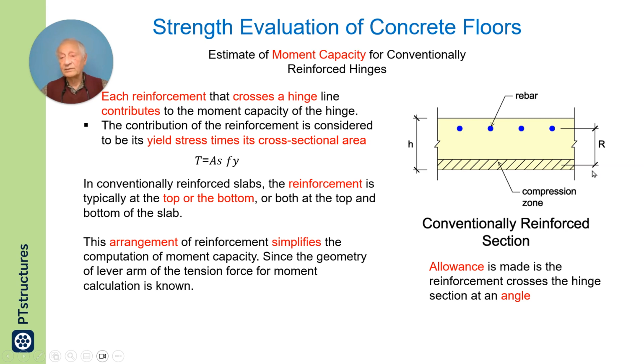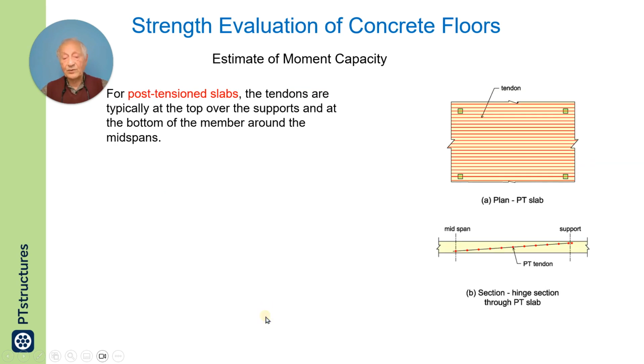This is the arm of the moment. So the moment is area of the reinforcement times the yield stress, which gives the force, times the arm. There must be a force there too. Must be force times the arm.